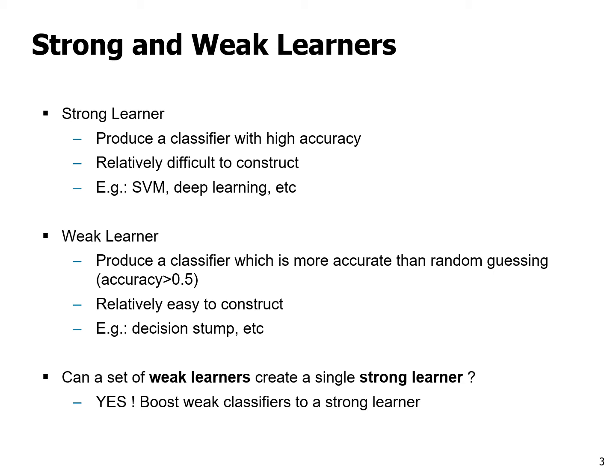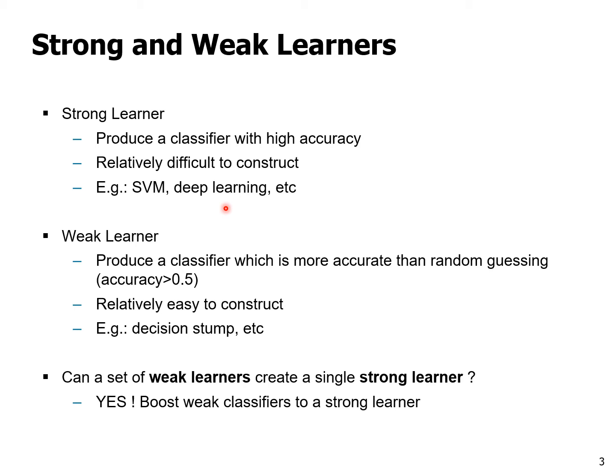Think about it: you build an algorithm whose accuracy is over 99%. It's extremely difficult to do. Examples of a strong learner can be SVM or deep learning. Anyway, a strong learner is very difficult to construct.